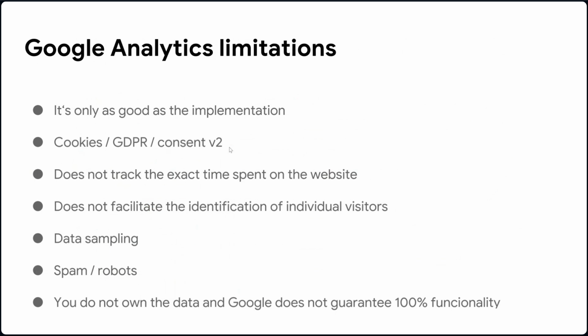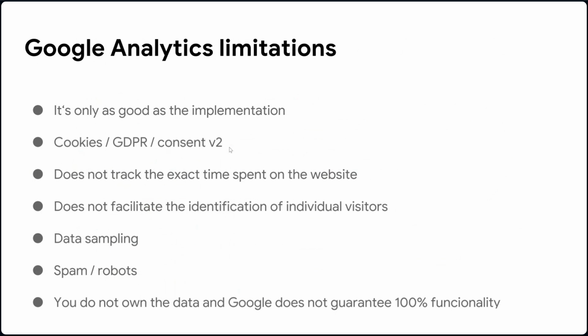But data sampling basically means that they only actually analyze the behavior of a certain sample, and then they make a projection, and that way they show you the data. But it doesn't mean that everybody actually behaves like that. So it's a certain approximation. Obviously, if you have a paid Google Analytics tool, this doesn't happen, and you see the actual, more precise data.